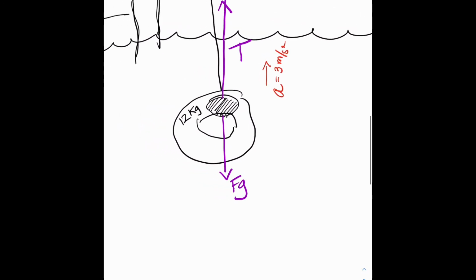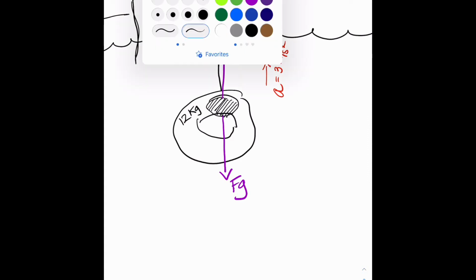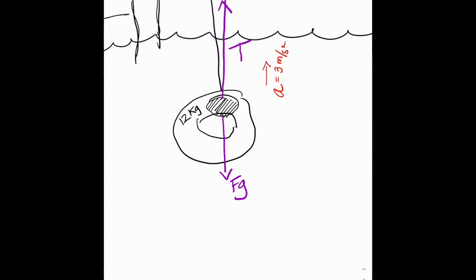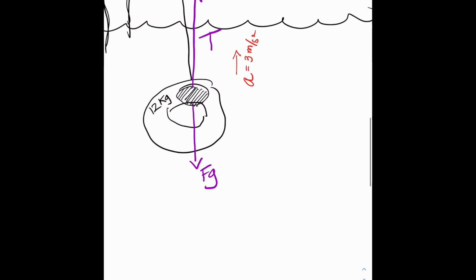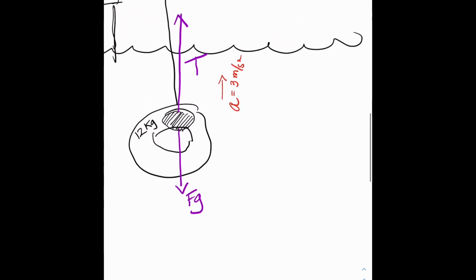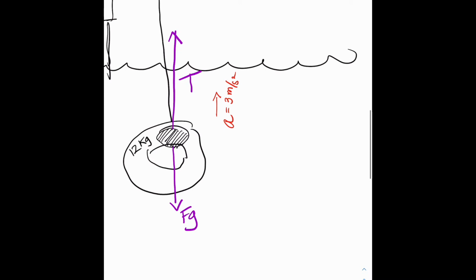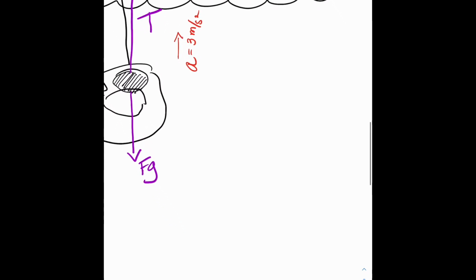So we're going to work these problems just like we did before. Start by drawing a free body diagram. We did that. And then pick a direction to work in. Clearly, we don't have to worry about the X direction. But in the Y direction, we should assign a coordinate axis system. We'll call up positive Y. We'll call down negative Y. We'll then go ahead and sum our forces in the Y direction.